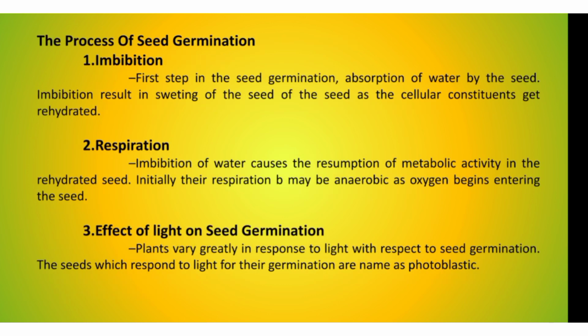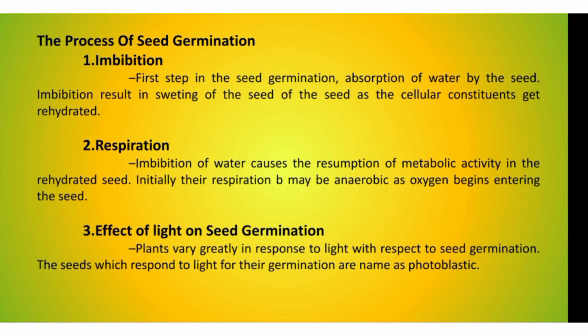For the process of seed germination, we have imbibition, or the absorption of water by the seeds. The first step in seed germination is the absorption of water by the seed. Imbibition results in swelling of the seed as the cellular constituents get rehydrated. Second is respiration.